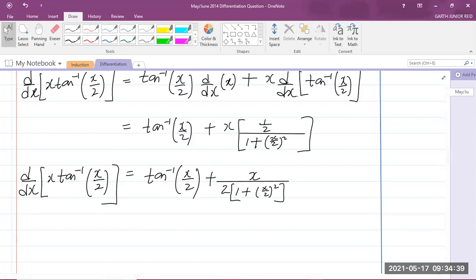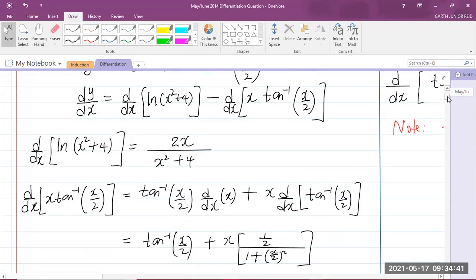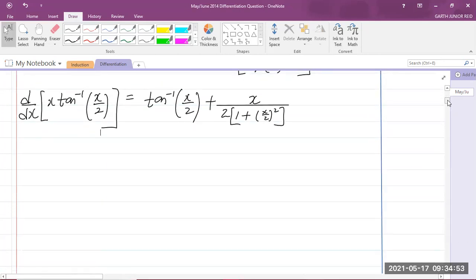Now since I know the derivative of the ln function and I know the derivative of x times the tan inverse of that function, I can go back here and say, therefore, dy by dx is equal to the derivative of ln of x squared plus 4, which is 2x divided by x squared plus 4, so 2x in the numerator and x squared plus 4 in the denominator, minus the derivative of this.